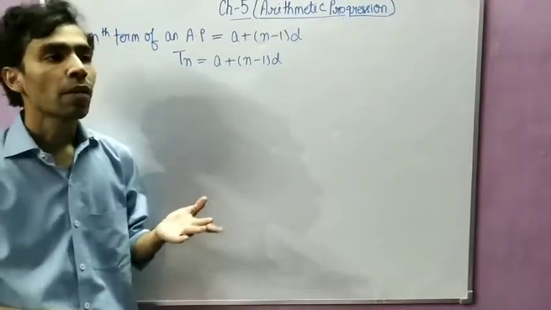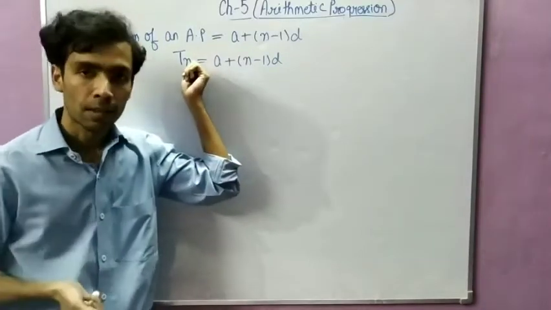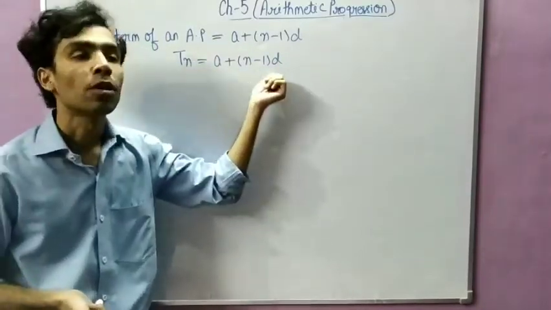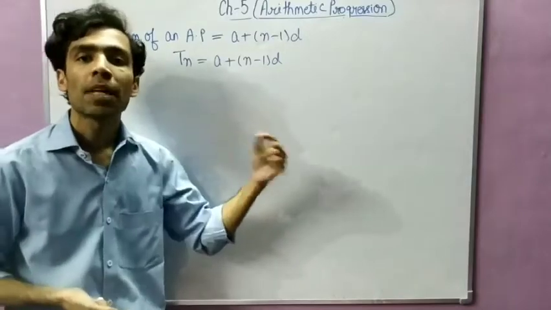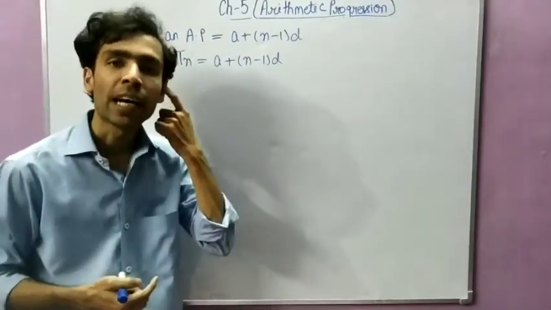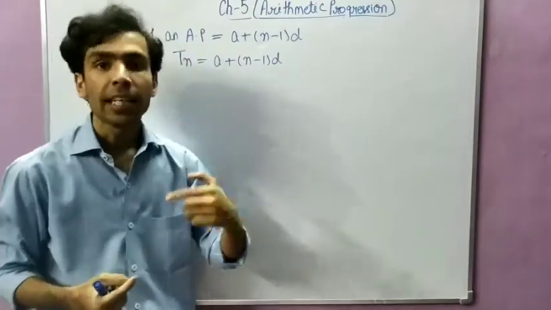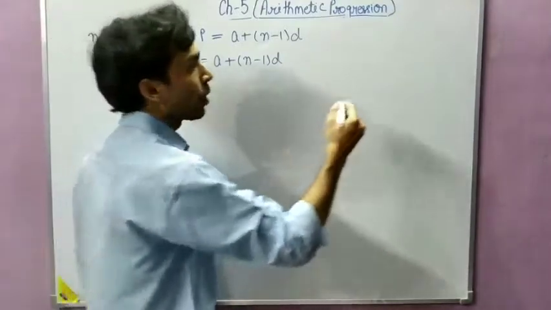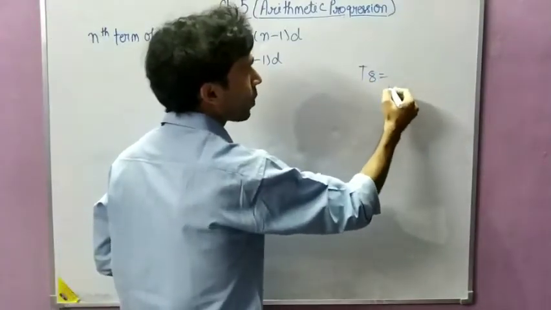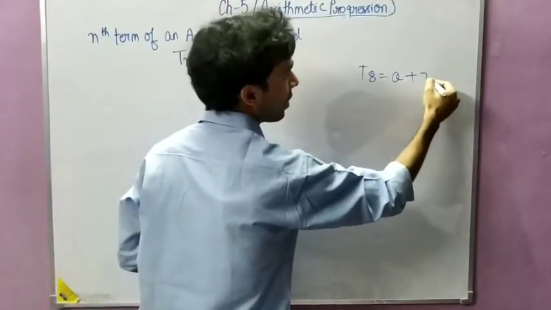By the help of this formula, you can get the value of any term. Suppose you have to get the value of the 10th term, so in place of n, you will put 10, and you will get A plus 9D. I also told you that if you have to write the 5th term, then add 1 less than that number of D in the first term. Suppose you have to write the 8th term, so in A, how many D will you add? 1 less than 8, that is 7D.